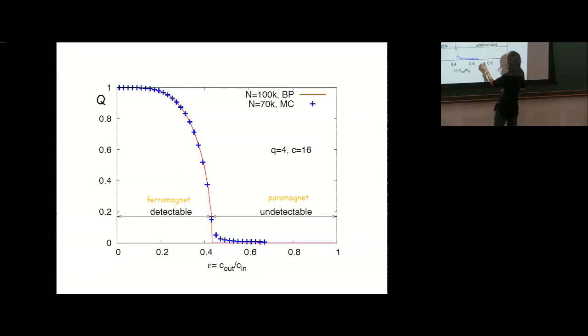So what it means here, this is an average degree 16 graph. Why not? This is kind of a natural example. We have 4 groups, and everybody has on average 16 friends. That's reasonable. And what this graph means is that, say that you are at 0.5 here.